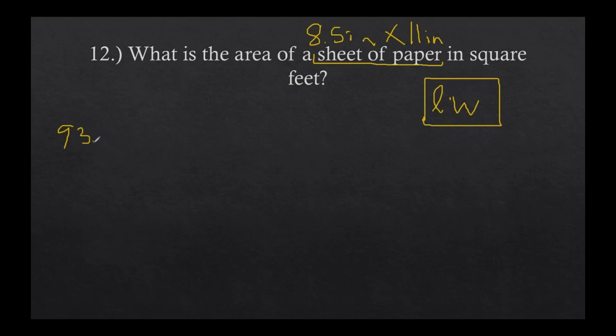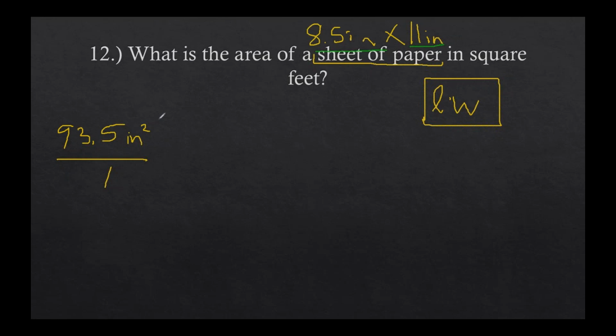So the area is 93.5, and our label is inches squared, because look at what you multiplied: inches times inches, and that's inches squared. You are right, Noah, that is not feet. So we found the area with the information we were given.